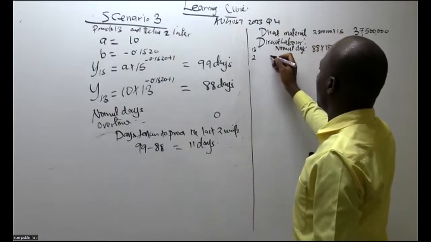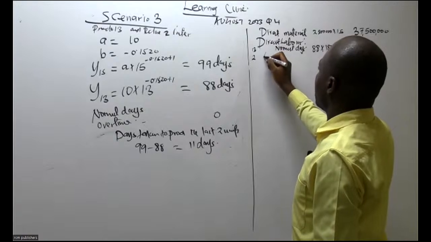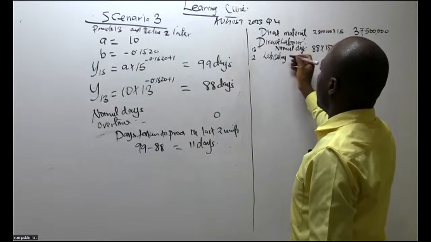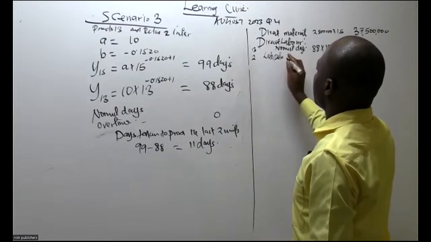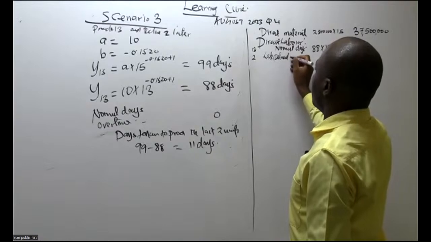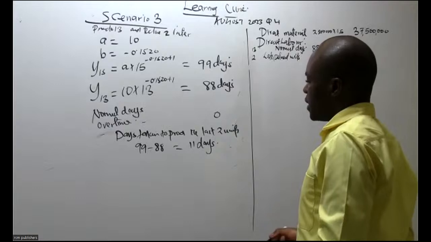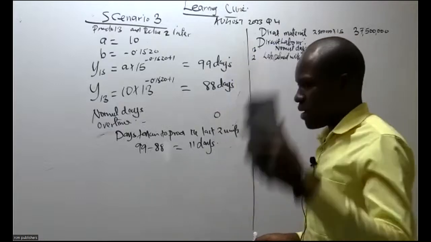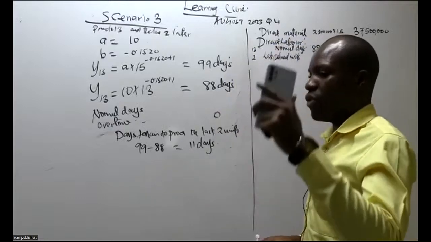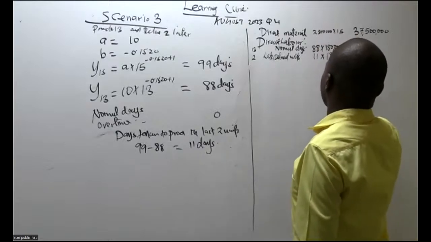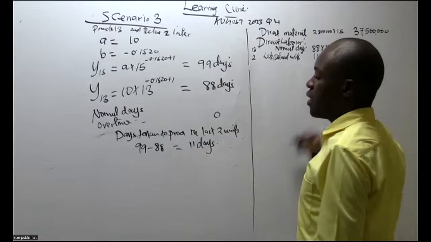So, the late delivery units, they are taking 11 days, and it is not within the overtime. It is still within the normal working days. Times 180,000.